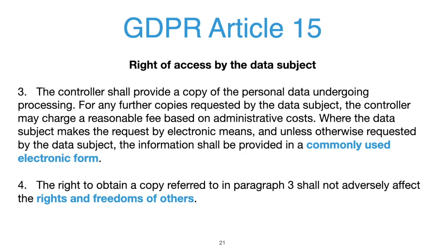So it must be in a form that they can access it in. Some organizations do a good job of this. Facebook allows you to download everything you've ever done in Facebook and everything Facebook has stored about you, and you can download that as a very large file as it happens, but it can be interesting to see how that works. That could be a fun activity for you to do.